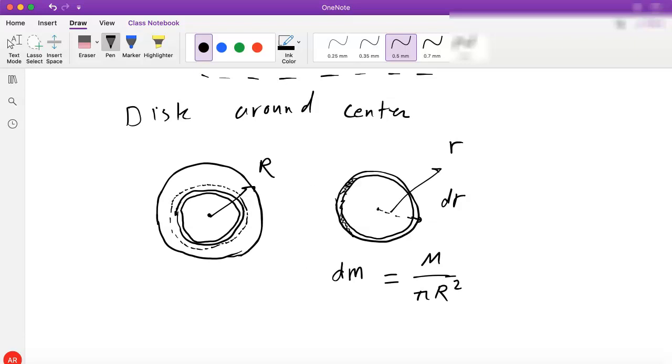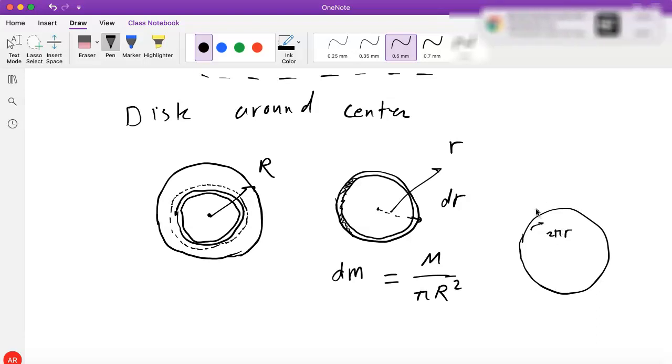And then we have to multiply that by the area of this little loop. So this little loop has length 2 pi r, right? So the length of this curve is 2 pi r.